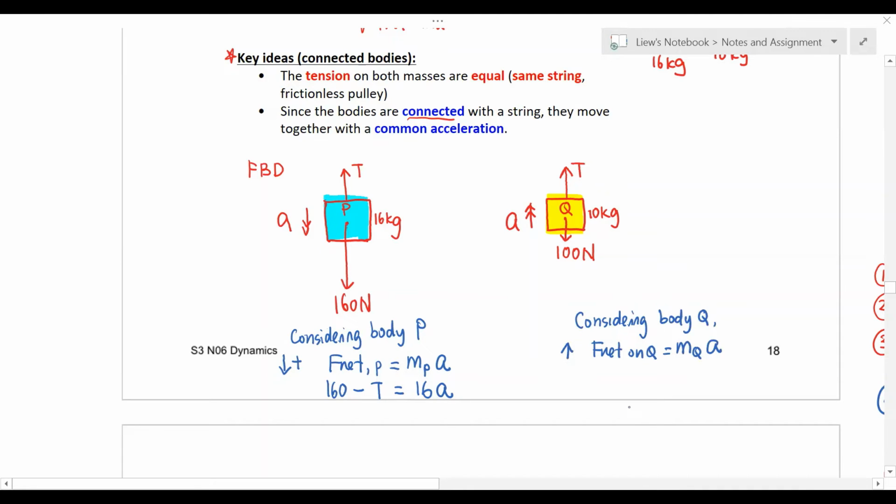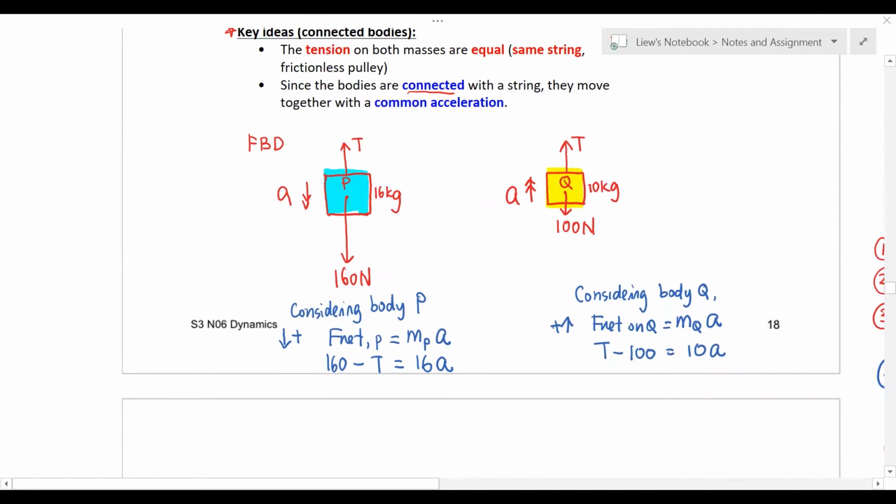So in the upward direction, it has a tension. In the downward direction, it has a weight of 100 newtons. So the net force in the upward direction must be T minus 100 equals the mass of Q, that's 10 kg, multiplied by its acceleration A.